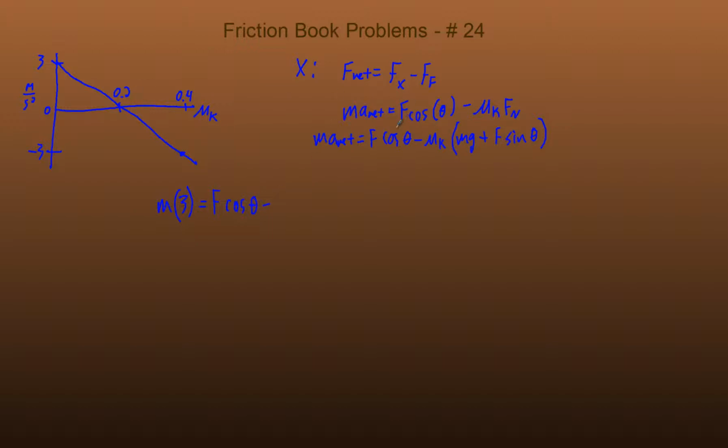Mu k is 0, so this term actually goes bye-bye. And that's our equation at this point. What about this point? Well, that's not too bad either, because a is now 0, so this term vanishes. 0 equals F cosine theta minus, and at that point, mu is 0.2.